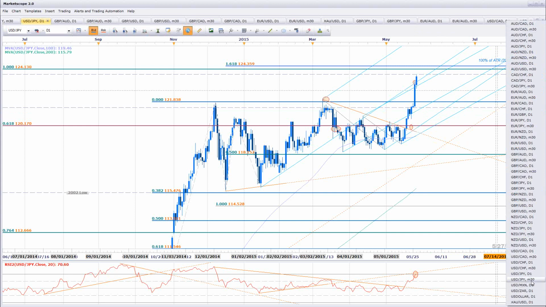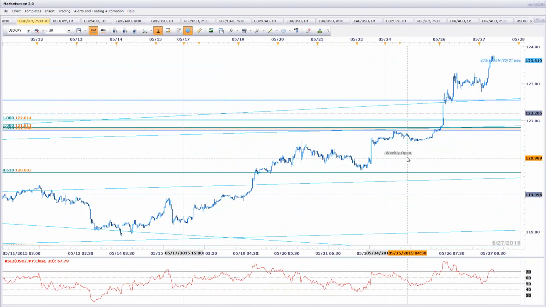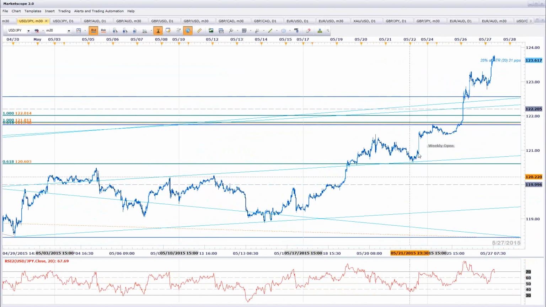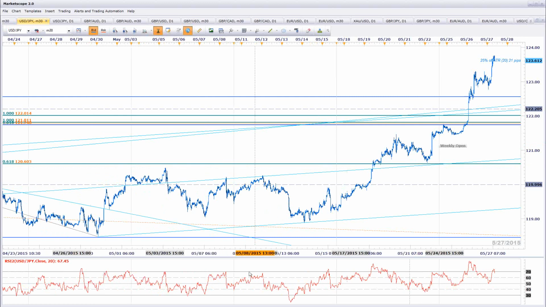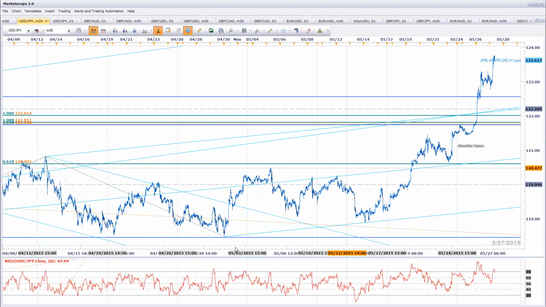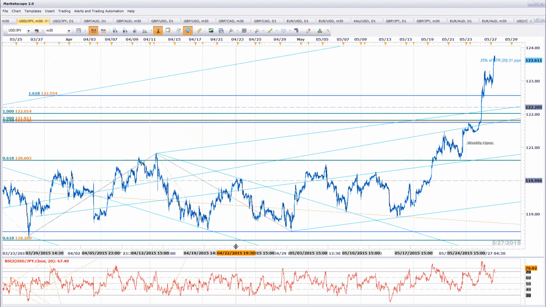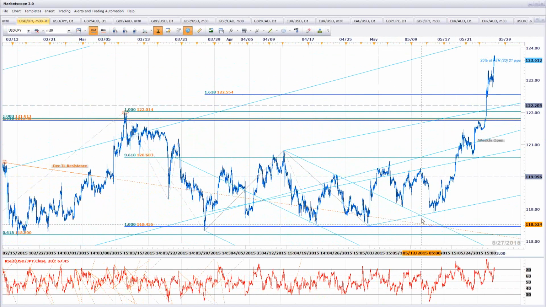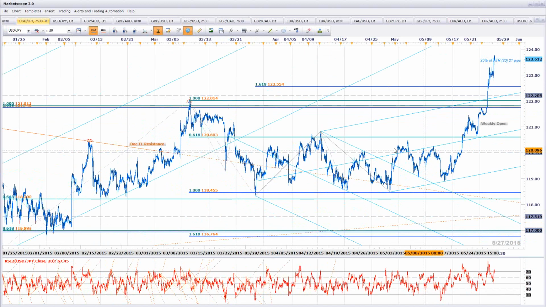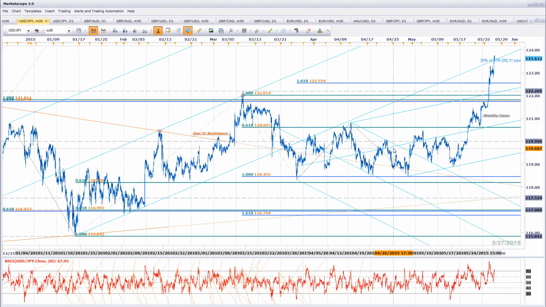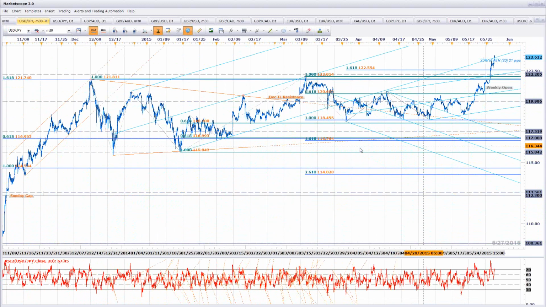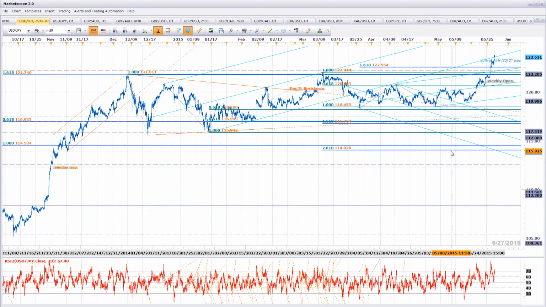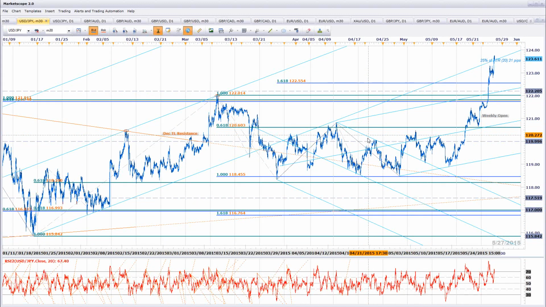I think there was a structure we were watching on this yesterday. Okay, snap some of those levels for you there. All right, so let's clean this up a little bit.